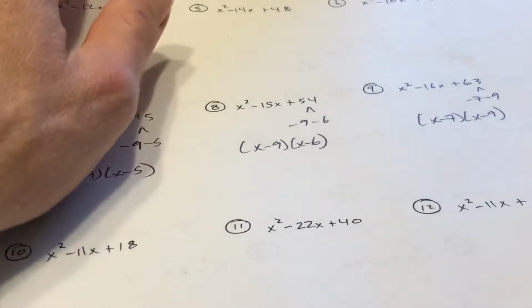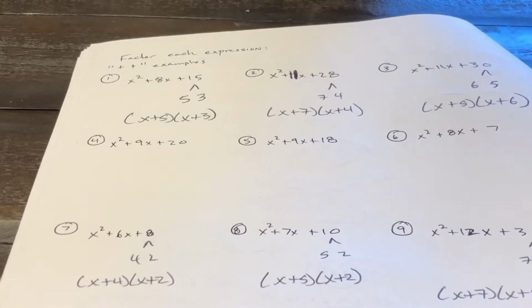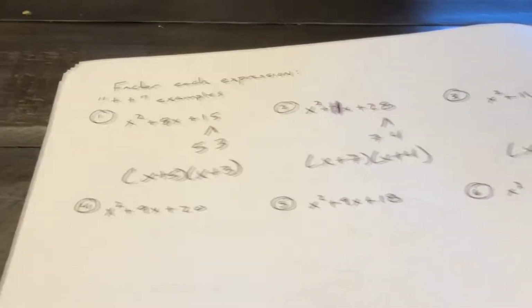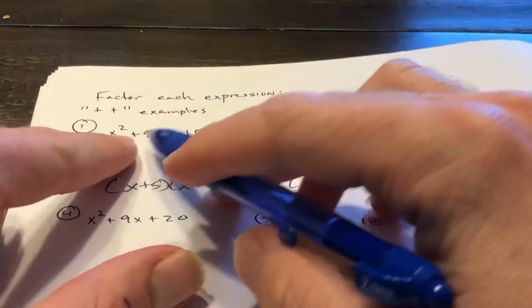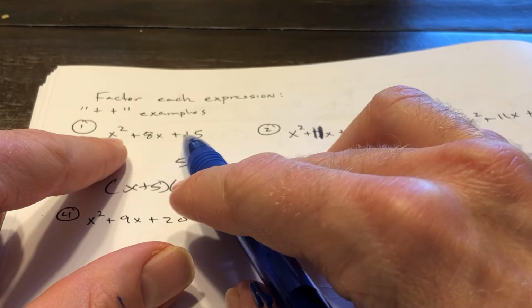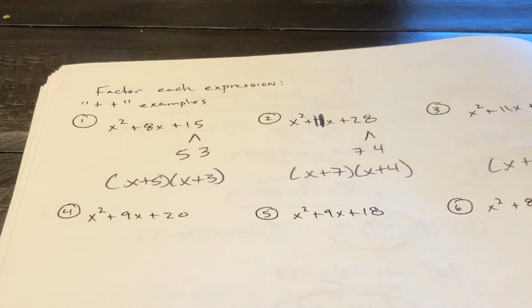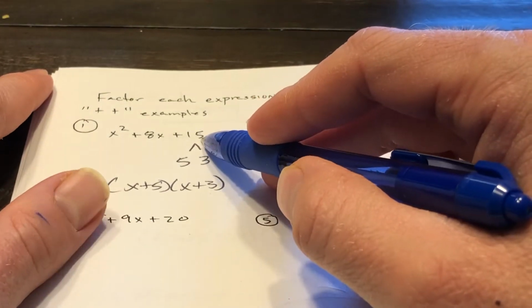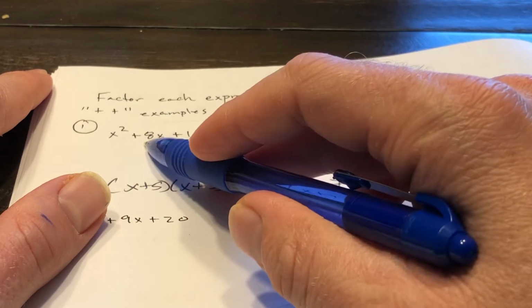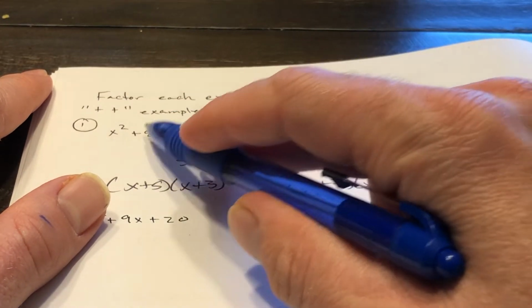All right, now this should be review factoring. I'm going to help you out with this. I call these plus examples because you have a positive middle term and a positive constant. So now we're going backwards. I'm going to check it with FOILing. So factor: what two numbers multiply to 15 and add to a positive 8?